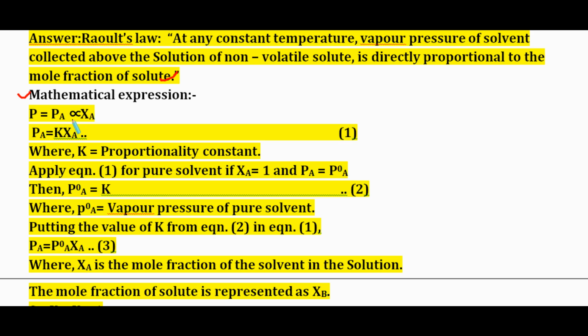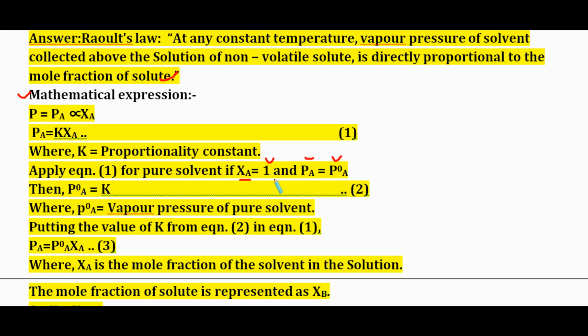Now we remove the proportional sign and take a proportionality constant, so PA equal to K into XA, where K is the proportionality constant. Applying equation first for a pure solvent, XA equal to 1. The mole fraction of solvent is 1 for a pure solvent, and the pressure of the solution is equal to the pressure of the solvent.